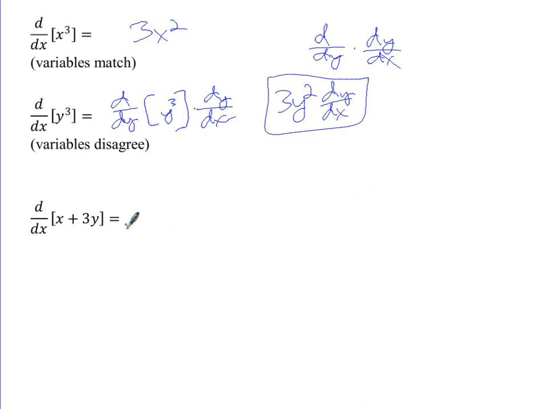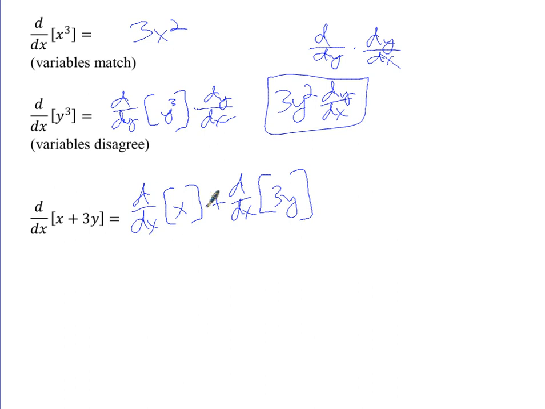So I'm just using my very formal notation here. I can split up 2 functions being added and rewrite this as d over dx of x plus d over dx, the derivative with respect to x of 3y. Okay? I haven't done anything new there. I'm just writing this as 2 separate derivatives.